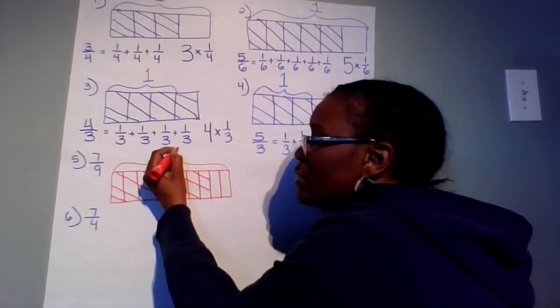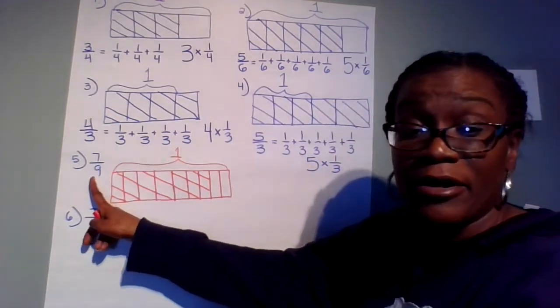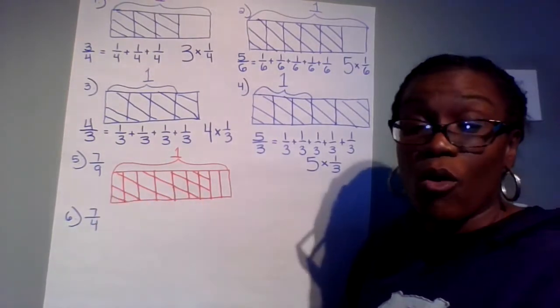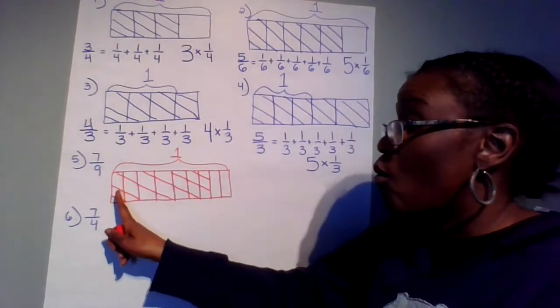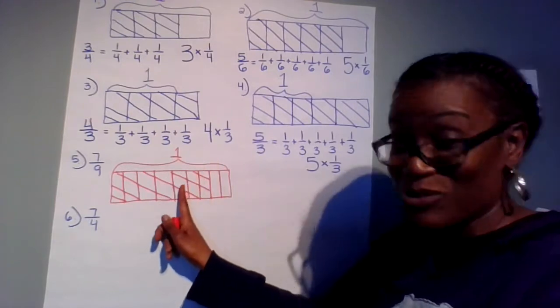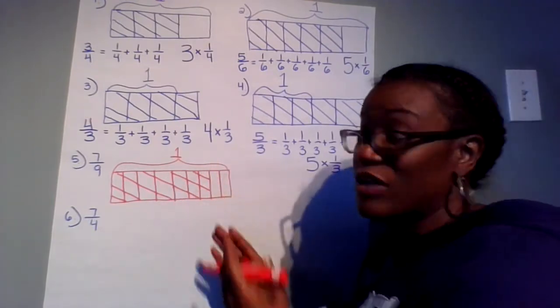All 9 would be our whole, because our denominator tells us that. And so now, if we were going to make this into unit fractions, it would be 1/9 plus 1/9 plus 1/9 plus 1/9 plus 1/9 plus 1/9 plus 1/9 to give us 7/9.